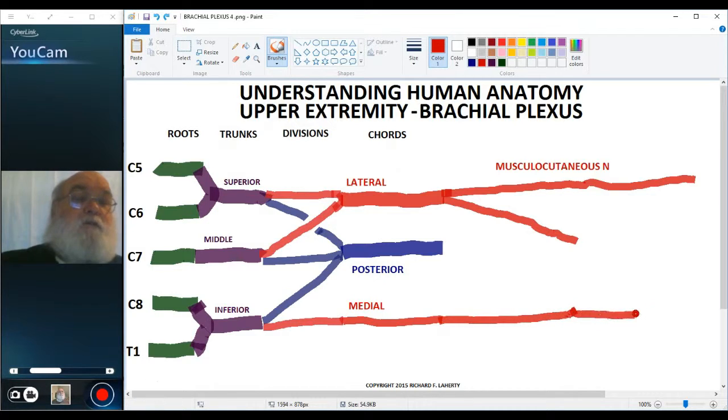Part of it keeps going, and the other part branches over to join the branch coming from the lateral cord. And the branch that keeps going is the ulnar nerve.